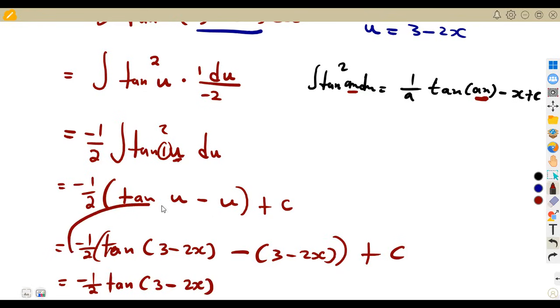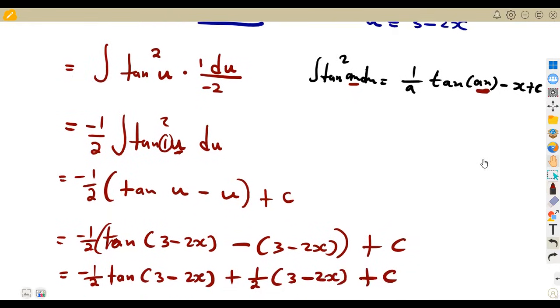Then we've got minus half times a minus there. So minus minus is a positive. That will be positive half into the bracket of 3 minus 2x, plus constant of integration. So we can even leave it like that, or you can write it in this manner. It means we have integrated, and you've written our answer in simplest form.